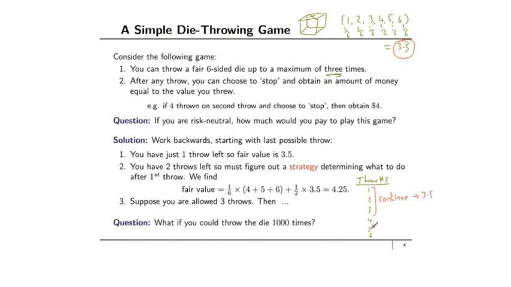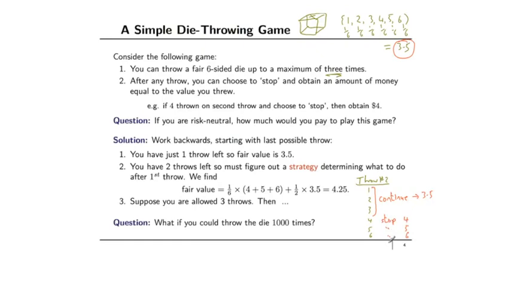On the other hand, if you get a 4, a 5, or a 6, then why would you continue? Why would you continue and expect to get a 3.5 when you can stop and get a bigger number? So in fact, for each of these numbers, you will stop and get 4, 5, or 6.